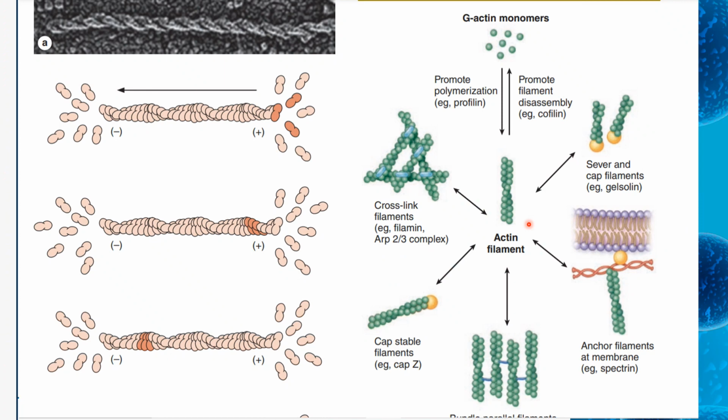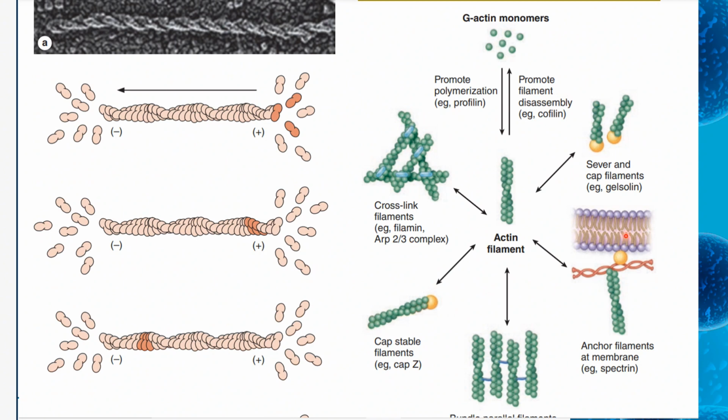Here you can see basically the actin protofilaments. The G-actin monomers are present, and these G-actin monomers polymerize to form the double twisted helical structure of the actin filaments, also called the fibrillar or F-actin molecules, and these F-actin molecules then form different other proteins like filamin, glycine, spectrin, membrane, and the cap stable filaments.